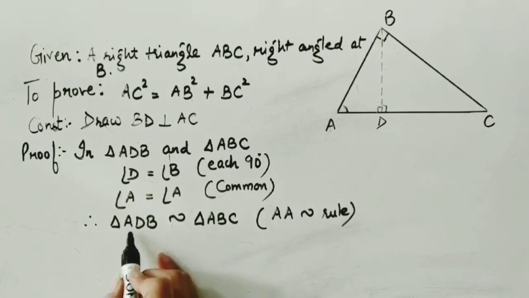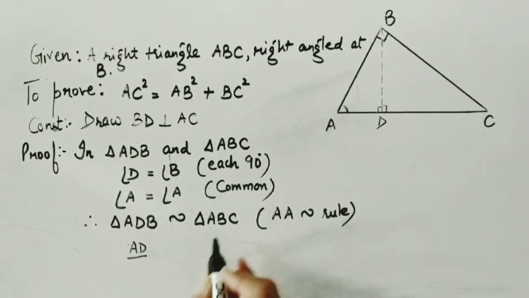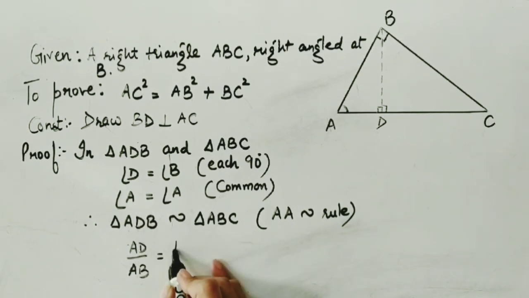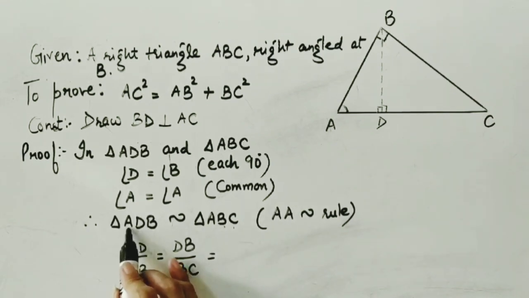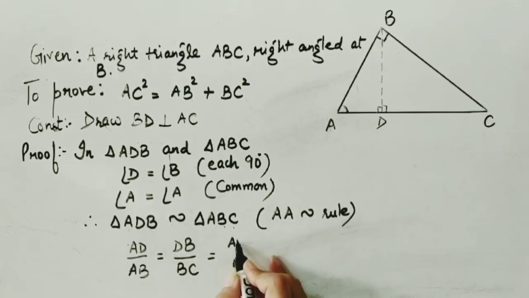Pick up these sides. AD upon AB is equal to DB upon BC is equal to AB upon AC.